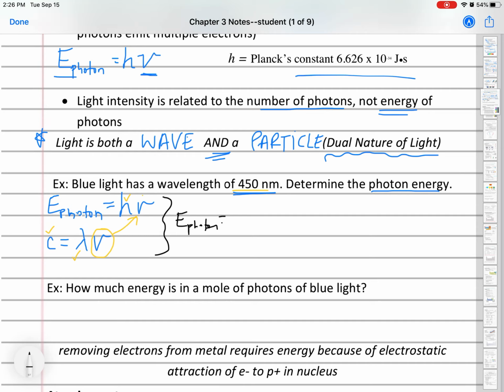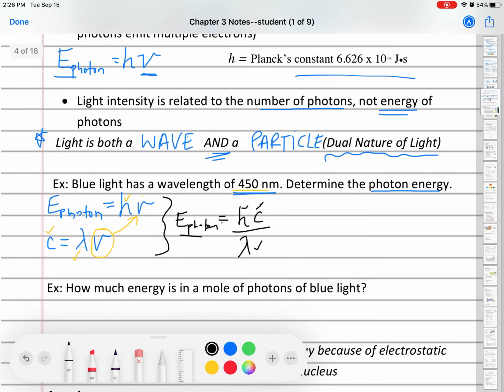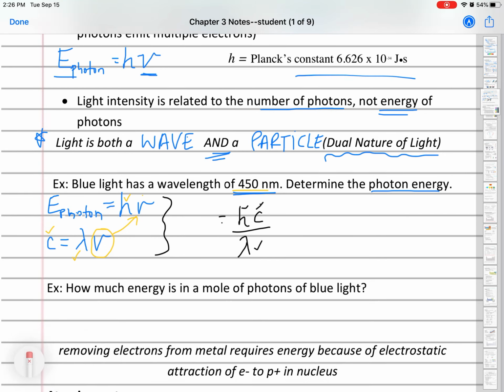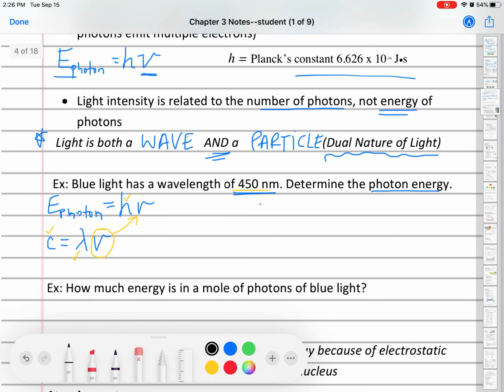Energy of the photon equals Planck's constant times the speed of light over the wavelength. And then you have these two constants, you plug in the wavelength that you're given and you find the energy of the photon. But I'm going to actually not do that. You can do that. I commend you for doing it if you have the algebra skills to do it that way. But I'm going to do it this way, which is actually the longer way.